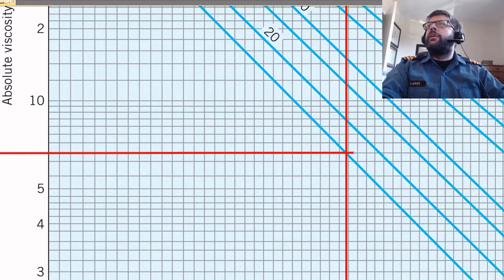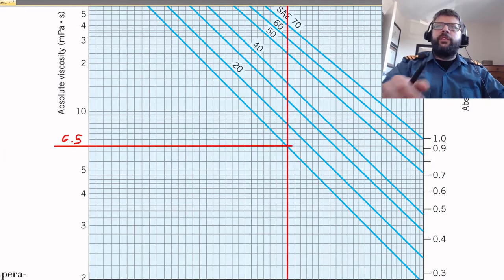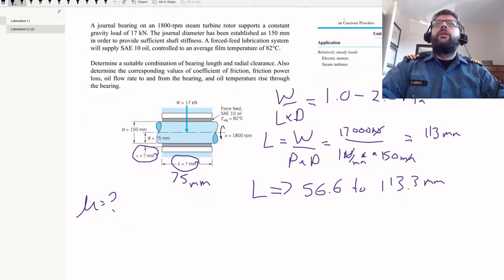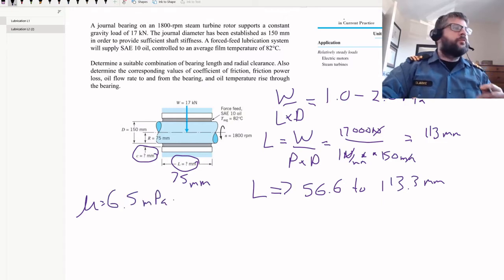So this value here is going to be 6.5, 3 up from 5. So 6.5 is going to be our absolute viscosity. That is in millipascal seconds. 6.5 millipascal seconds.